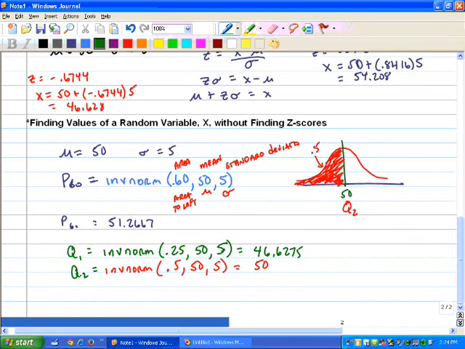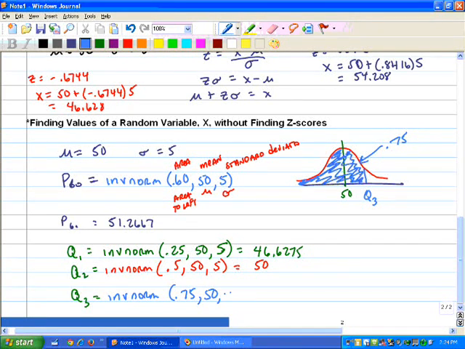Q3, the third quartile, is going to be the x value where 75% of the area under the curve lies to the left. So in this case, inverse norm, the area is going to be 0.75.